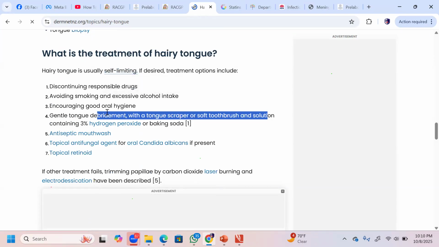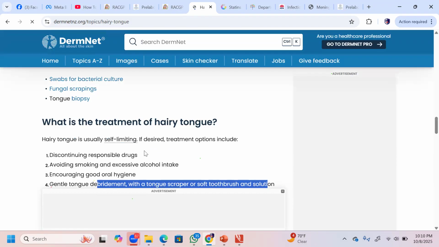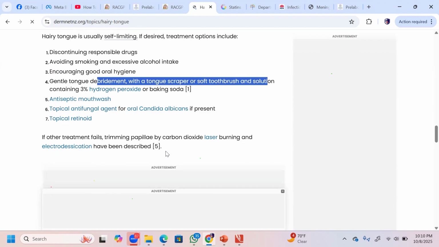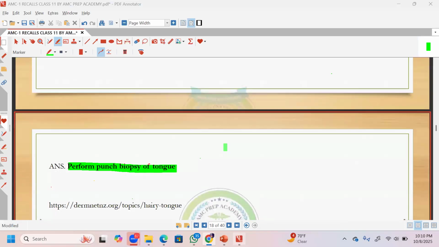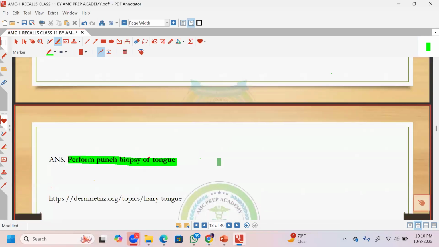It means if the patient is taking a drug, first stop the drug, and if the patient is a smoker or drinker, stop that, and make sure the patient has good oral hygiene, not any specific medication. Does it make sense, doctors? Should we move to next?